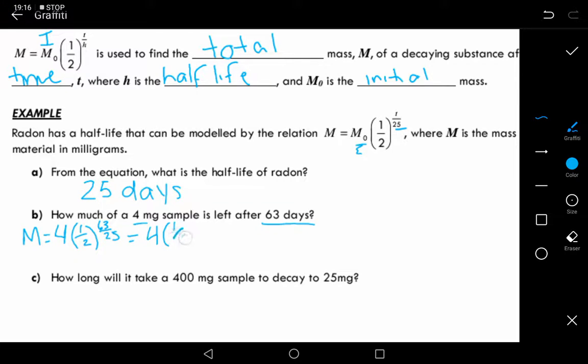Again, we need to make sure we're following BEDMAS here, so we're simplifying that power. 63 divided by 25 is approximately 2.52. Okay, our next step would be to do 1/2 to the power of 2.52 times 4, and you should get an answer of approximately 0.68, and we're dealing with milligrams here.